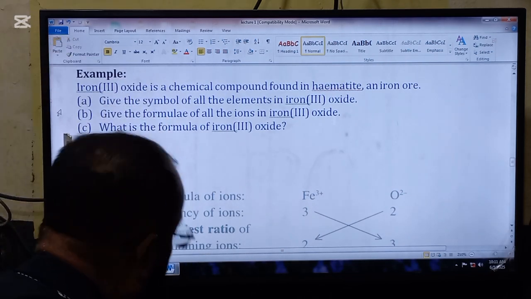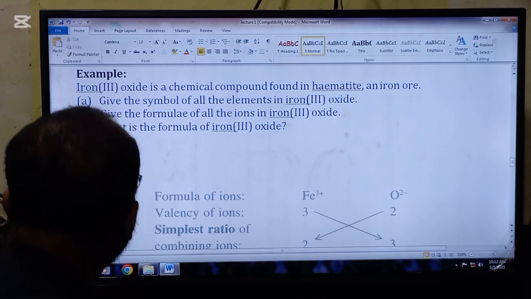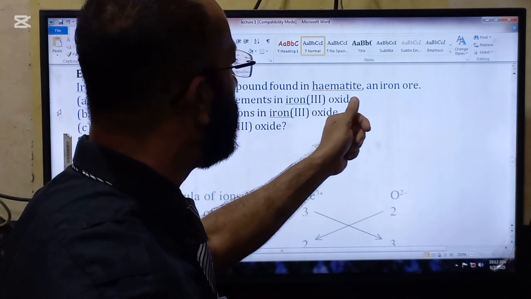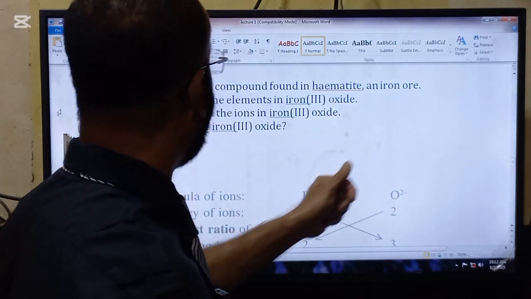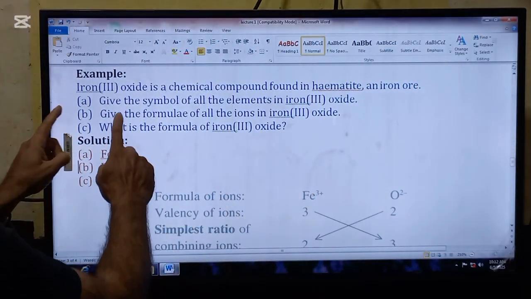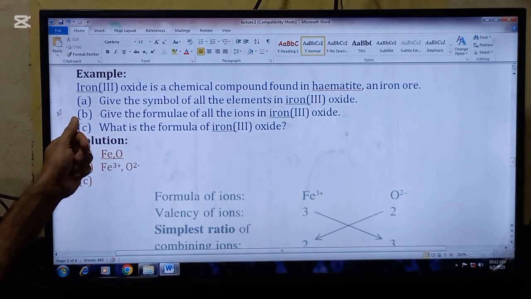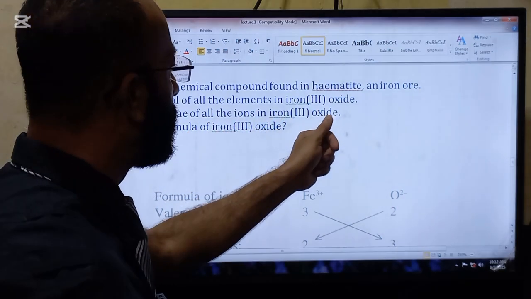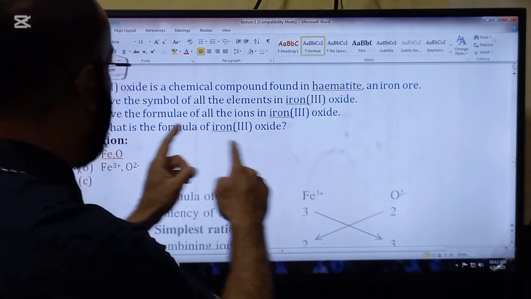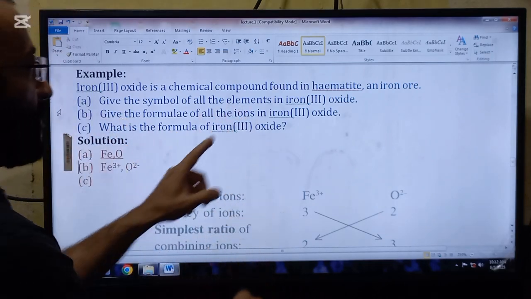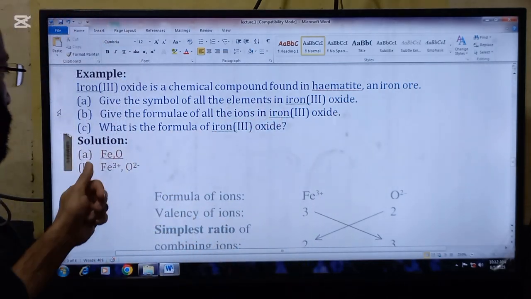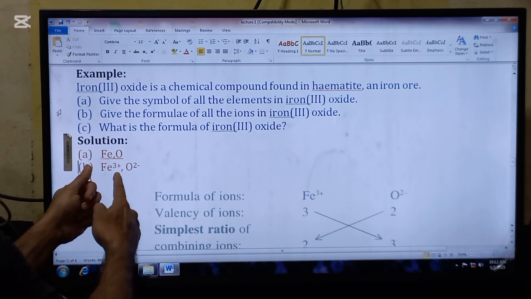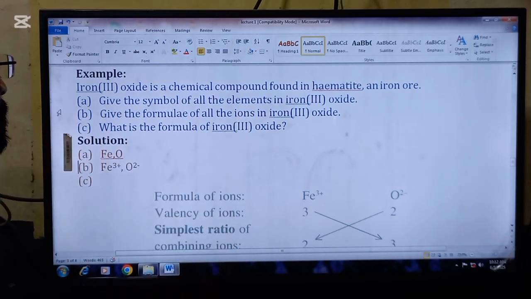The question is, iron oxide is a chemical compound found in hematite and iron ore. A part is, give the symbols of all the elements in iron oxide. So iron Fe and oxygen O. These are the symbols of the elements.